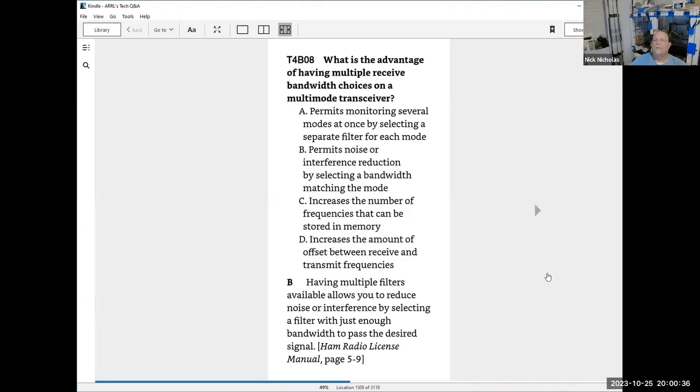What is a disadvantage of having multiple receiver bandwidth choices on a multi-mode transceiver? Well, you remember I talked to you guys about mixers? We're going to come back to what is the disadvantage of having multiple receive bandwidth choices on a transceiver.